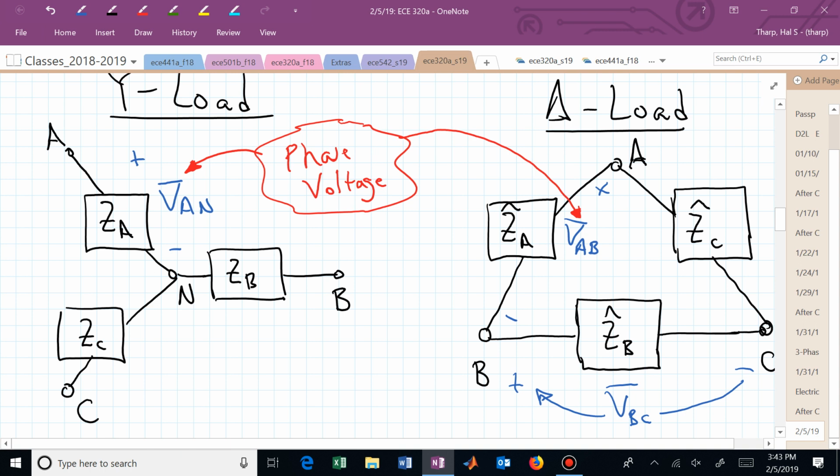In a Y connected load, it's from the A terminal to the neutral terminal. Because if you look, we're just measuring the voltage across that particular phase's impedance. And it obviously depends then on how your impedances are connected. Yes?